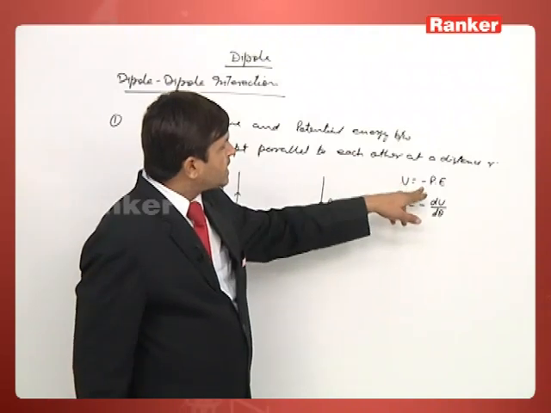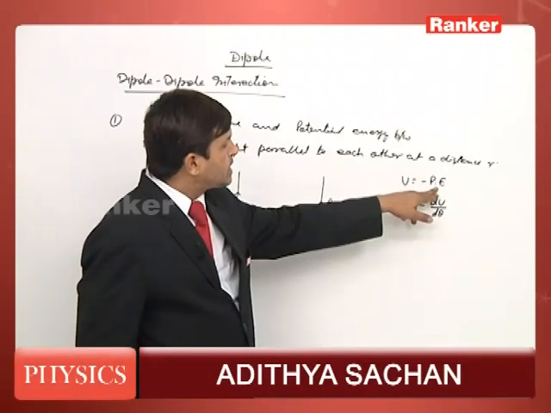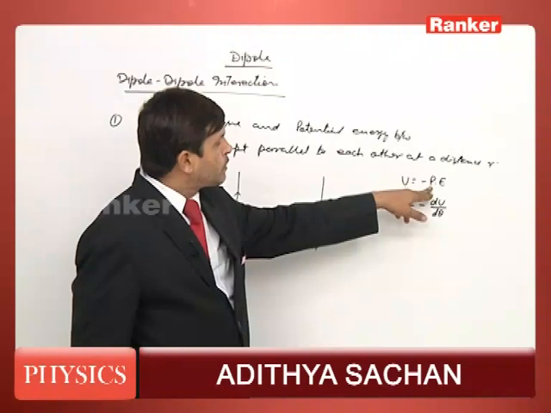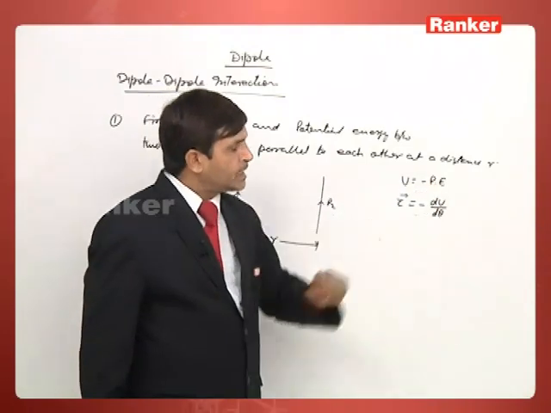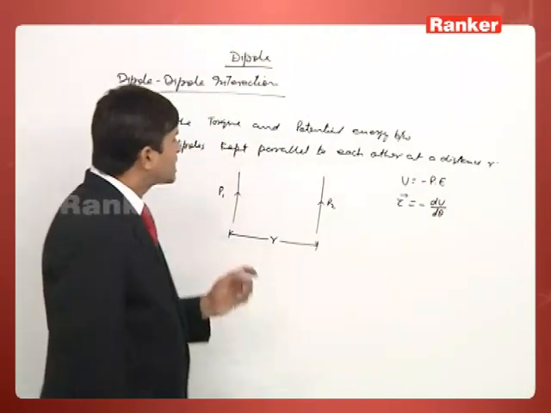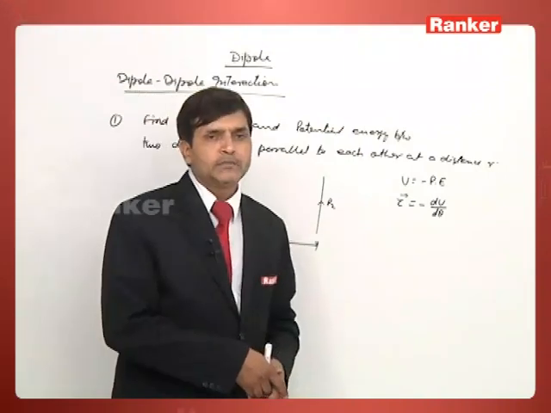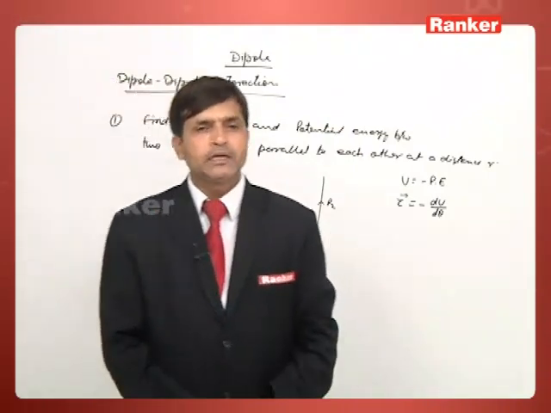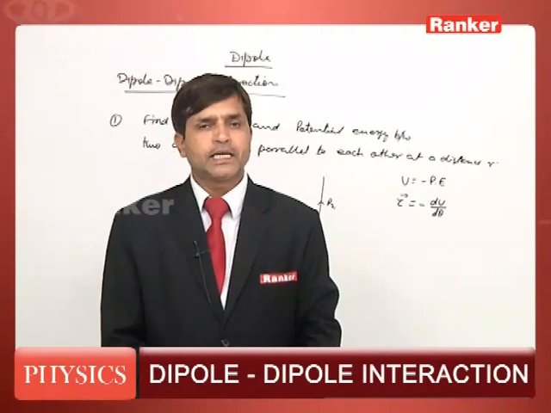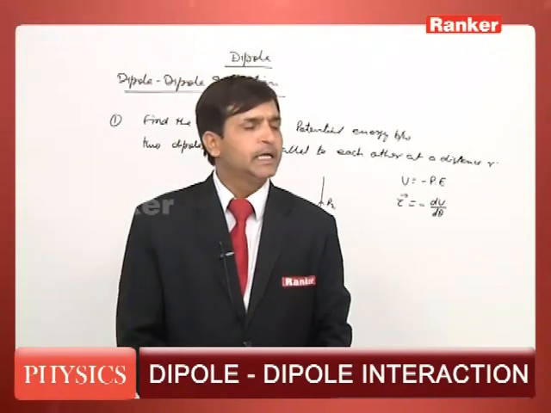In interaction energy, minus P dot E, P gives the dipole moment of one of the dipoles and E is the electric field of the other dipole. Either dipole can be taken as the first dipole and the other can be used as the source of electric field.